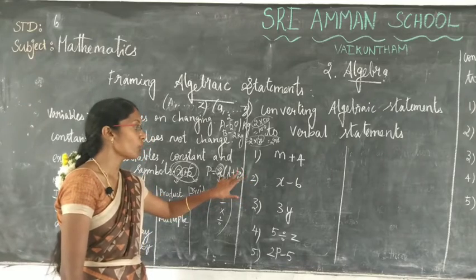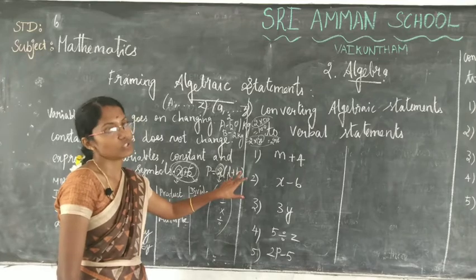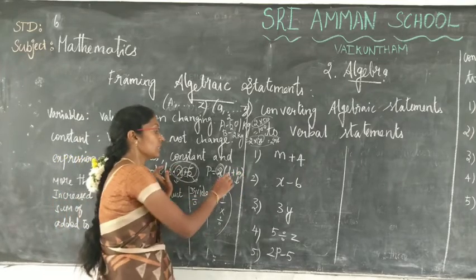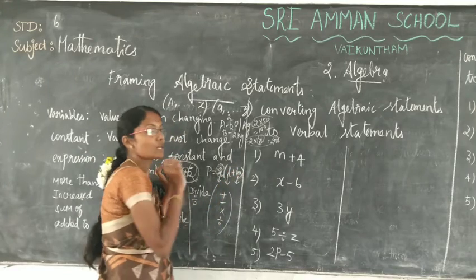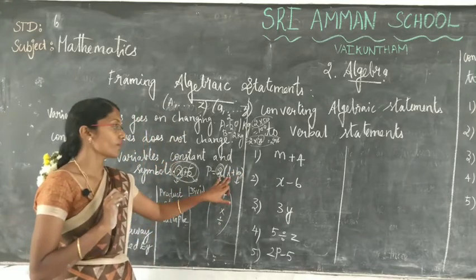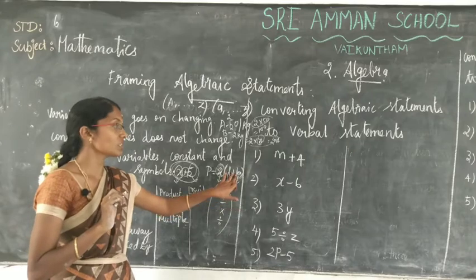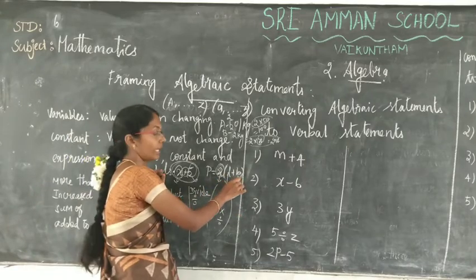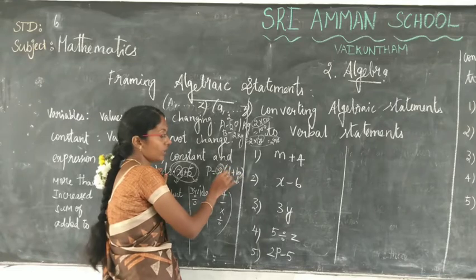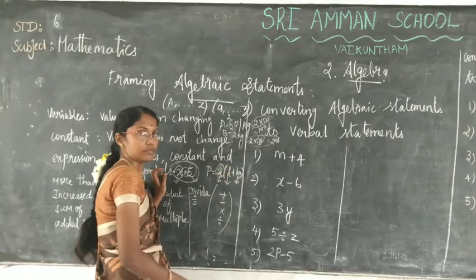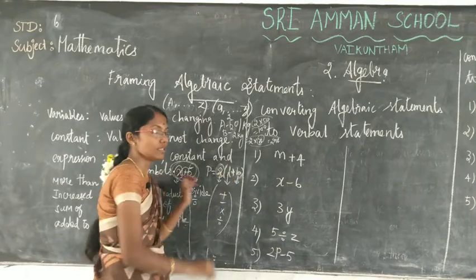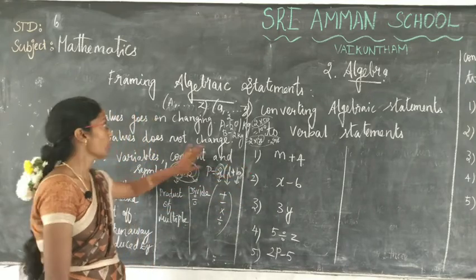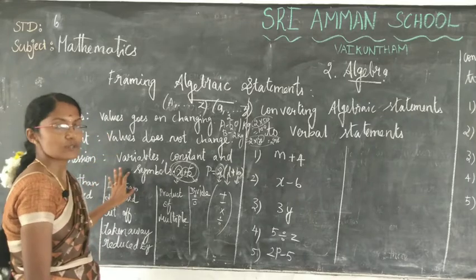The values of L and B vary according to the size of the rectangle. So L and B are variables, 2 is a constant, and this plus is an operating symbol. Together these are called an expression. Are you all clear about variables, constants and expression?